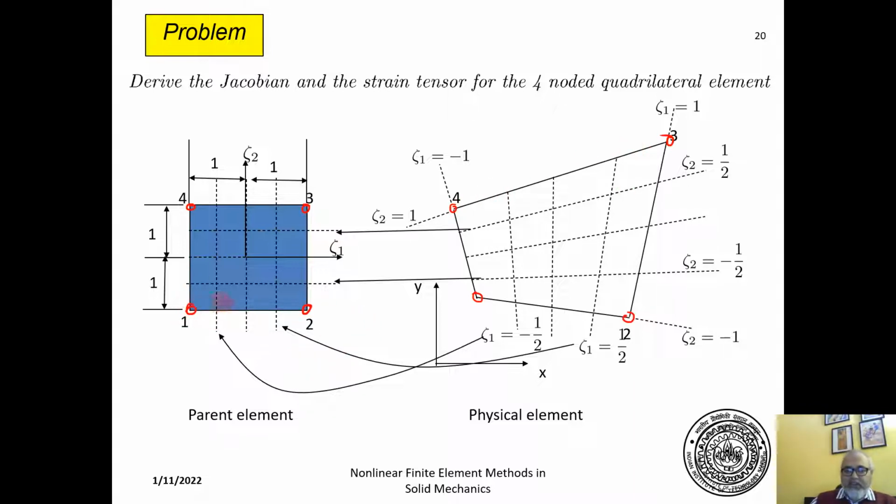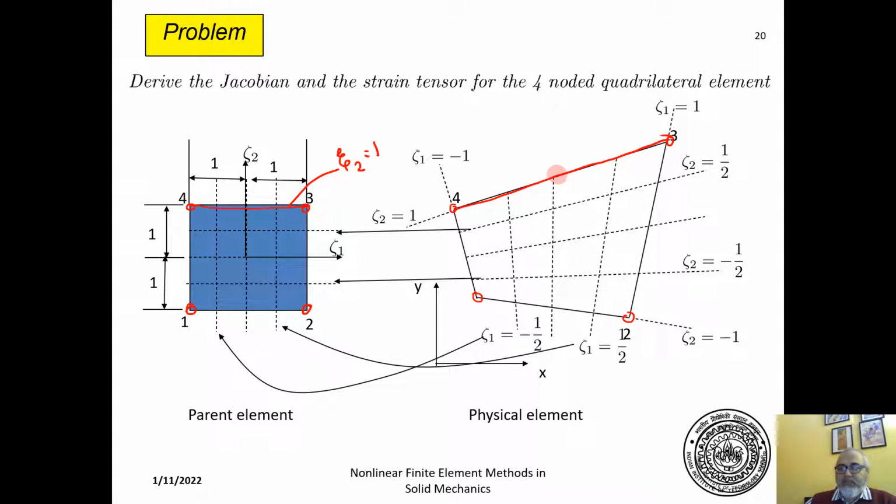And this parent lies in the zeta 1, zeta 2 space and has length and breadth of 2. So it's a 2 by 2 square, which is then stretched and pulled and mapped into this physical element. The isoparametric mapping is done in such a way that it is one-to-one. What it means is that this edge, which in the parent is, let's say, zeta 2 equal to 1, will be mapped to this edge.